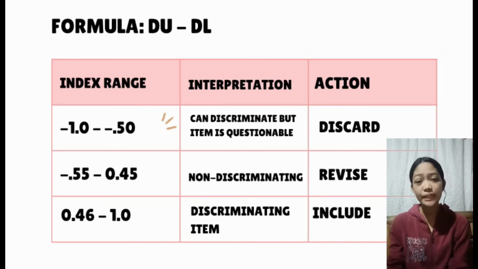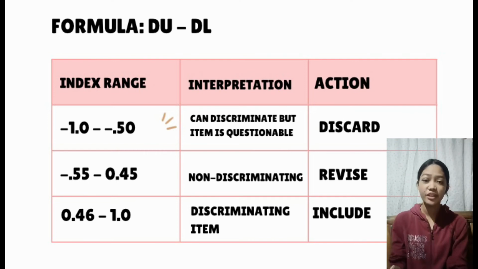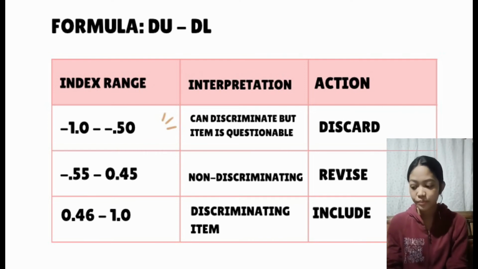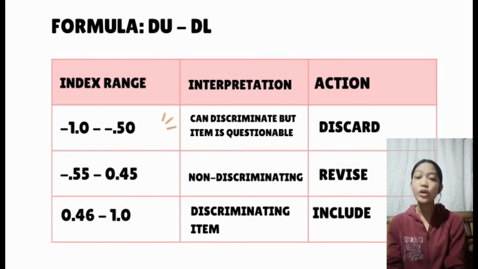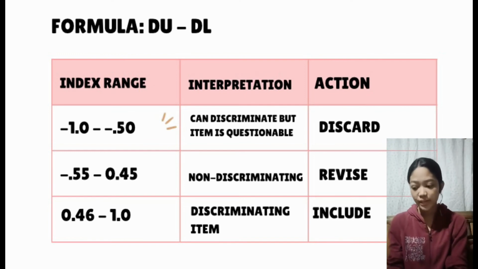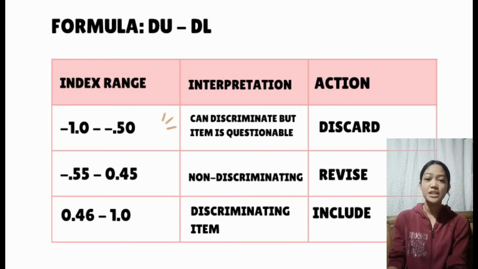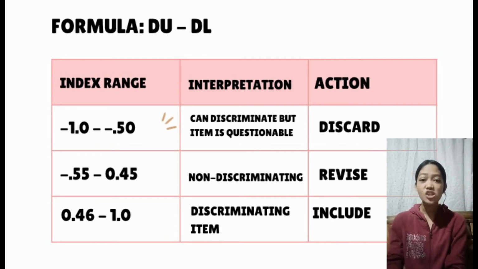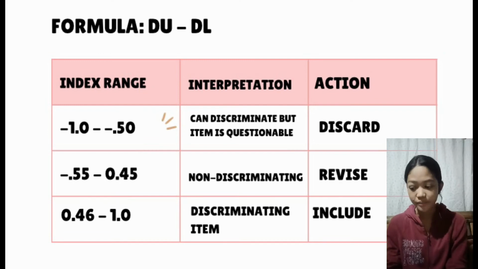And as shown in the table, there are the index range, interpretation, and the action. So, una is yung -1 to -0.50. Yung interpretation nito is can discriminate but item is questionable. And the action we do is to discard.